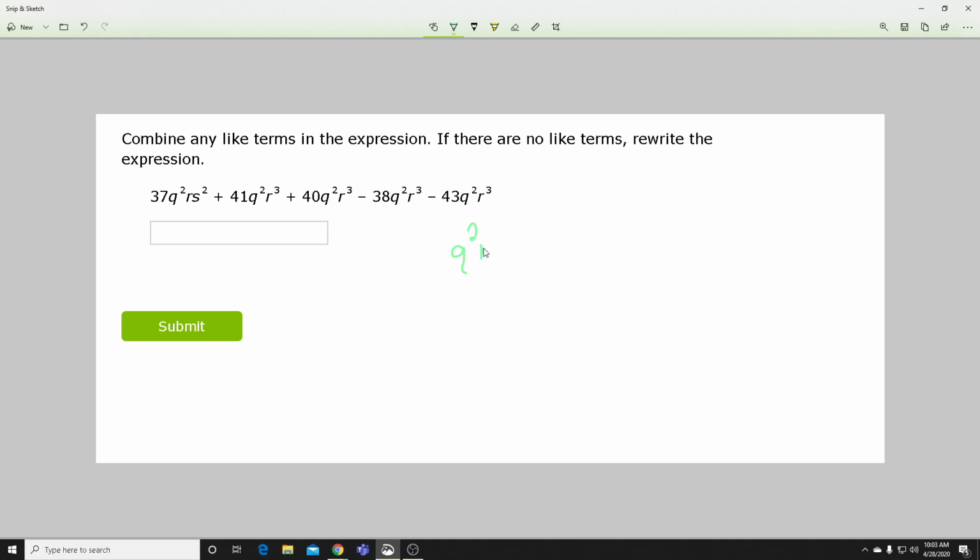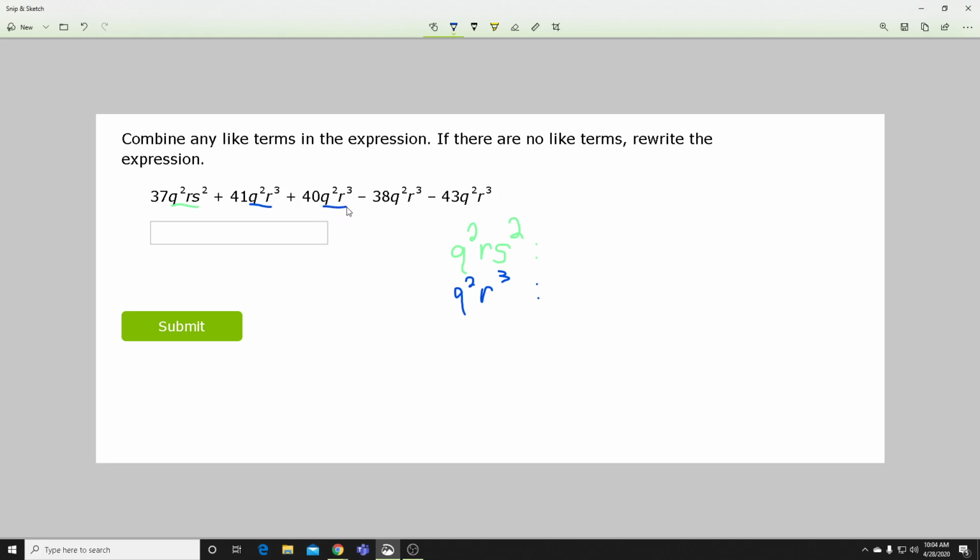I'm just writing down what variables we're working with. So we have this here. It's from here. We have q squared times r cubed. Q squared r cubed. It's right here.